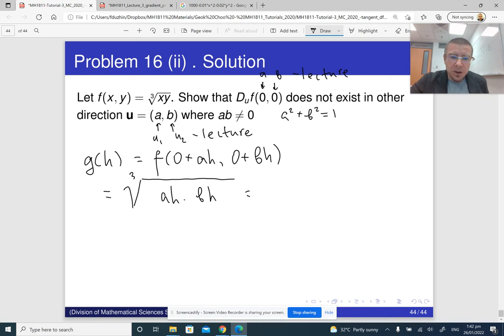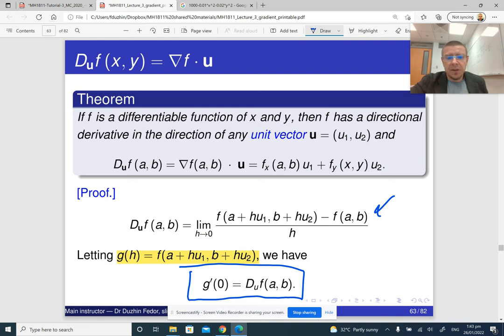Since a and b are constants, this is the cube root of ab times h squared, and the cube root of h squared is really h to the power 2/3. Right, so this is my function g of h, and if you look at this boxed formula, what I need to do is find g prime of 0.